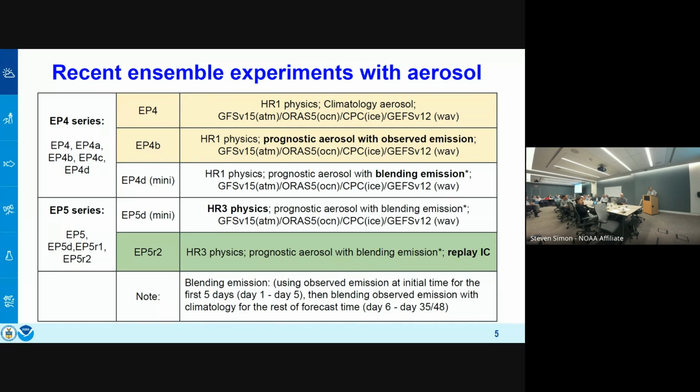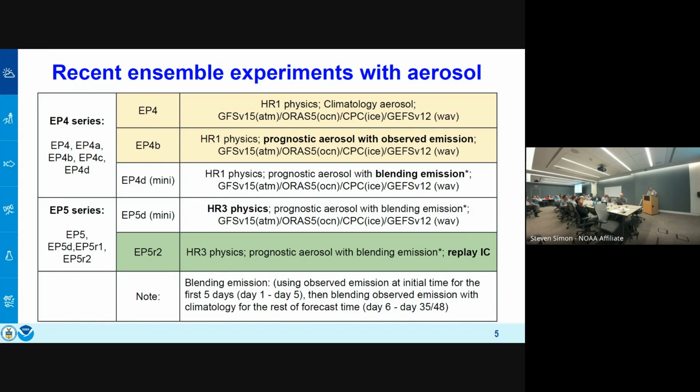For example, in EP4A we had a bug, then we go to EP4B to fix the bug. And if you see EP5, we have EP5R1 and R2, because starting from EP5R1, we are using replay conditions. Previously, we had been using GEFSv12 conditions for the atmosphere, and starting from EP5R1, we turned to replay conditions. Also, on the right, you see we run a 2-year experiment for EP4 and EP4B, and for EP5R2 we have 3-year experiments.